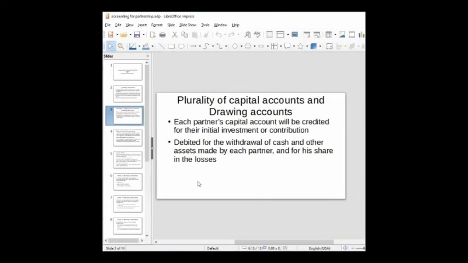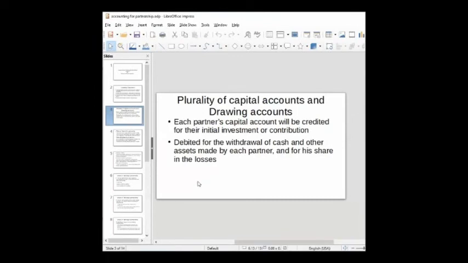For the additional investment or the initial investment of the partners, you are crediting their capital account. While for a withdrawal of cash or any other assets of the partnership made by each partner, this will be debited to his withdrawal account.